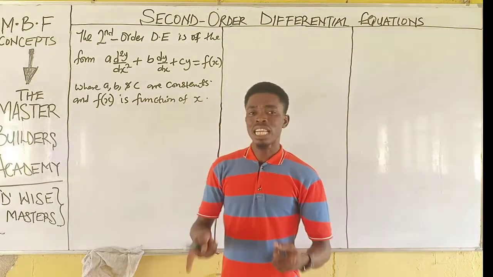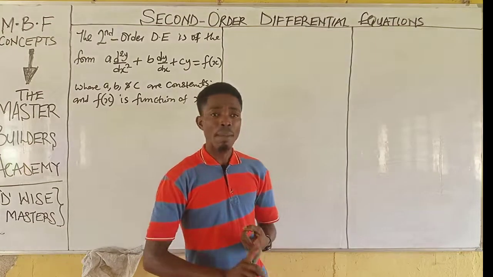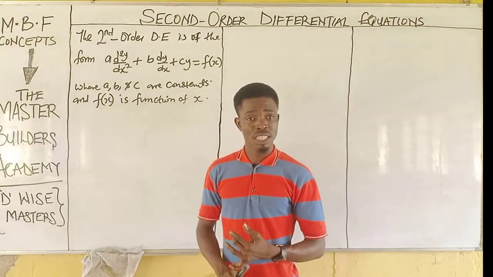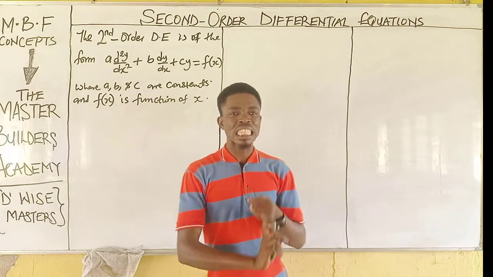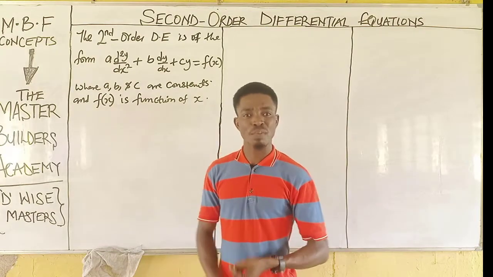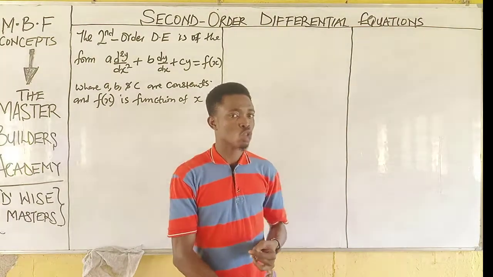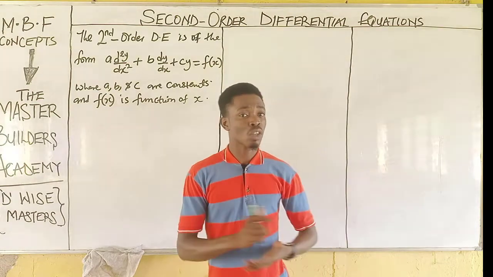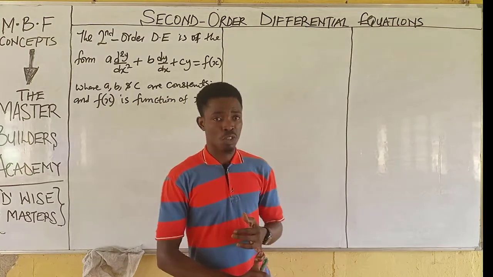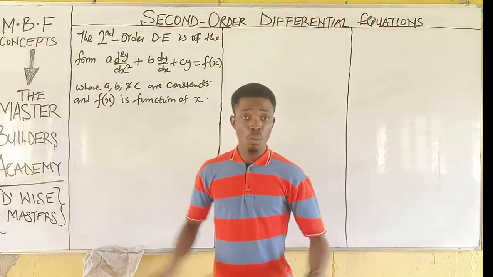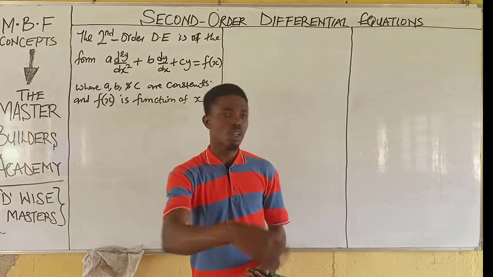You remember vividly, for those that have been following us, that we have looked at first order differential equation, and we have provided necessary solutions to any form of first order differential equation that you can be given.